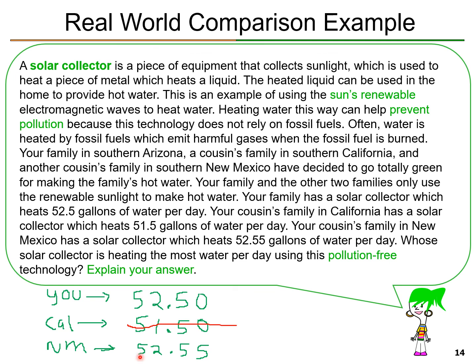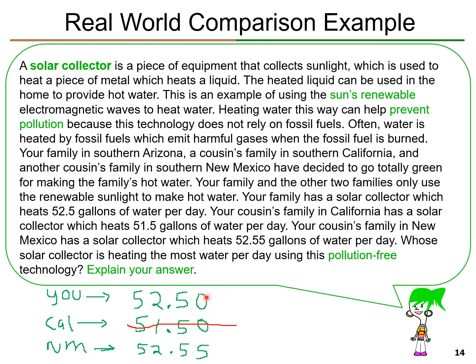Now, we're left with this number and this number. Because they both have a 2 in the ones place, we have to go to the tenths place. This number has a 5 in the tenths place, and this one has a 5. So we got to go to the next smallest place, the hundredths place.